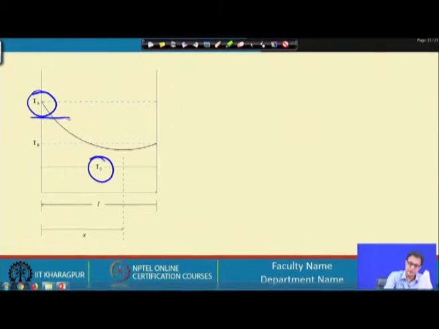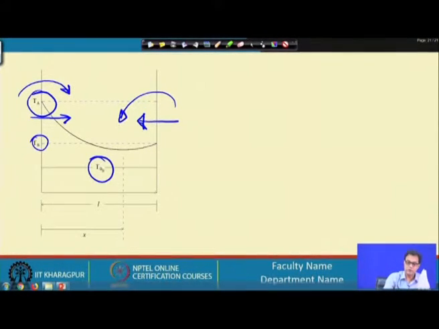Now, the heat is getting transferred from the wall to this fluid, and also Tb is higher than the fluid temperature. So, the heat is getting transferred from this wall to the fluid. So, both the walls are giving heat to the fluid in this configuration.